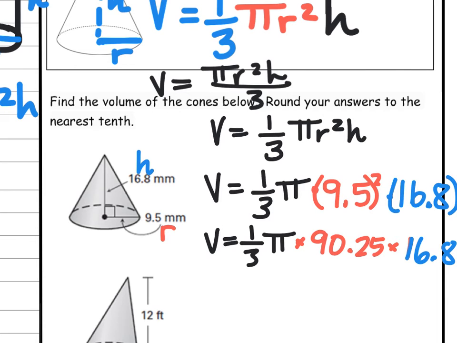Then we're going to go to our calculator and type it in. After we type it in our calculator, we should get 1,587.8 millimeters cubed.